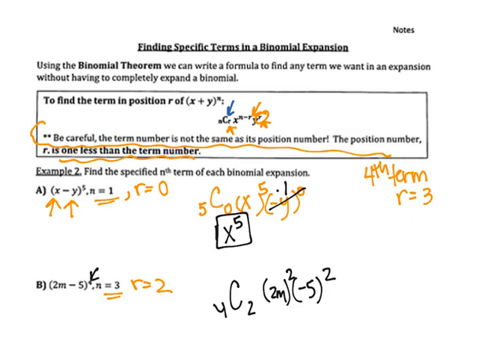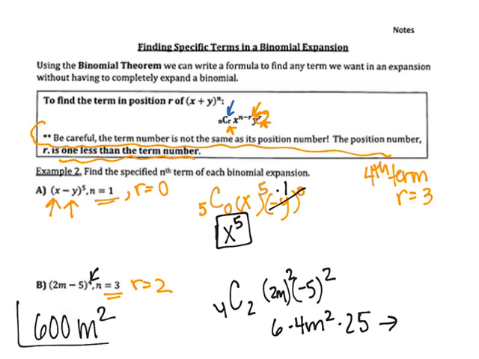When you push 4, math, PRB, nCr, 2, that number is 6. So that's 6. 2 squared is 4, m squared, and negative 5 squared is positive 25. Once you do 6 times 4 times 25, you end up with 600. So your answer here would be 600 m squared.